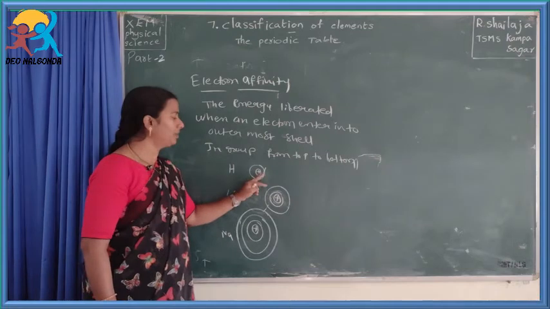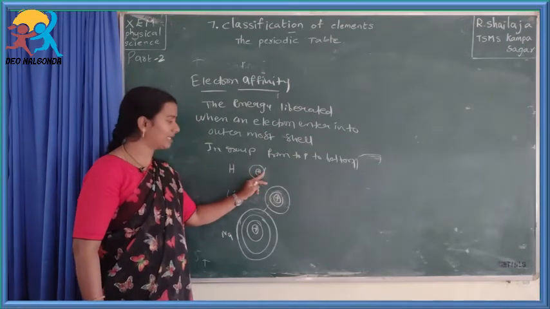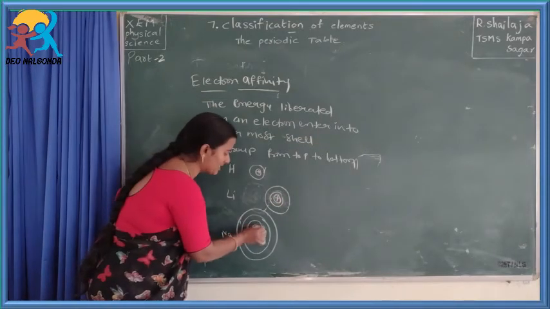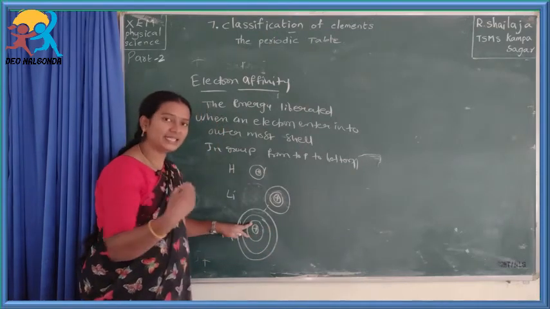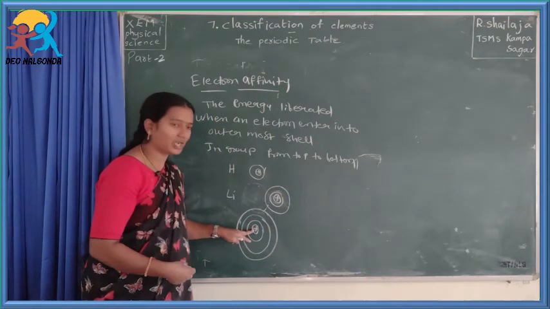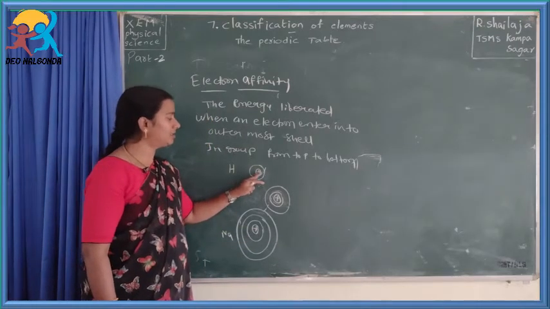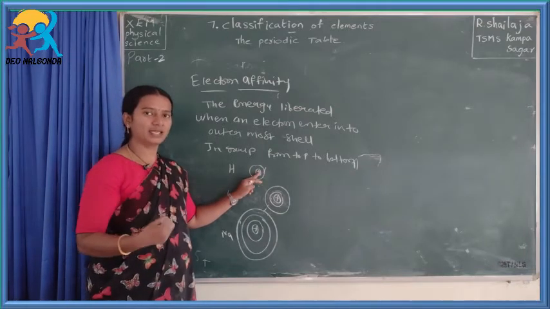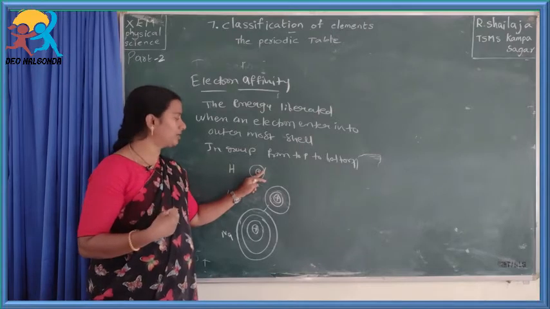From top to bottom, the distance from the nucleus to the first shell is less, here more, and here with 3 shells there is more gap. So, the electron is attracted easily by the protons into the outermost shell in the first case, because the distance is less, so it easily accepts the electron into the outermost shell.